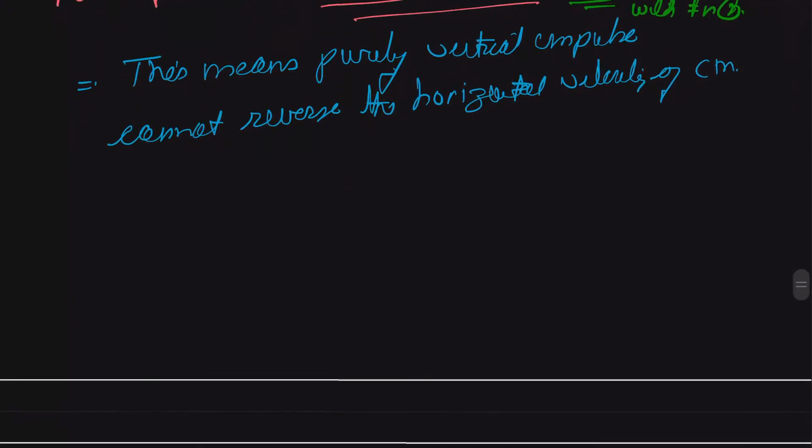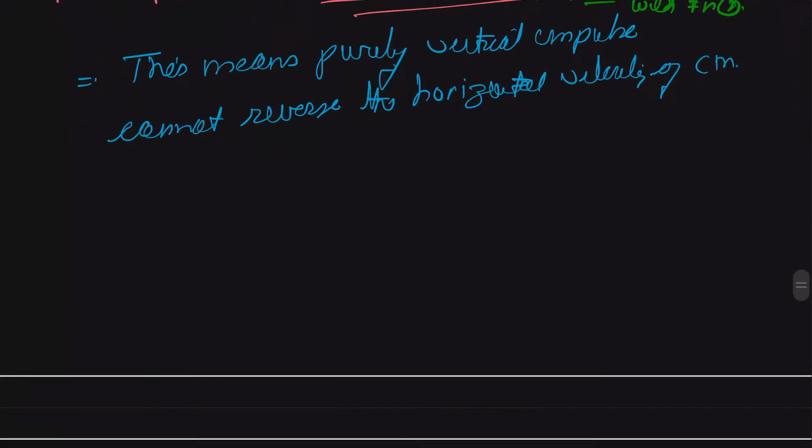Okay. And now we come to our no slip, or we can say the pure rolling condition at impact.